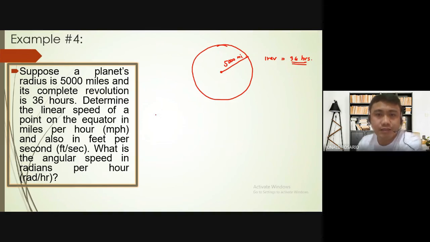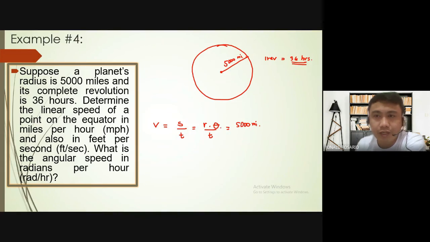And in physics, ang formula natin for the linear speed is V equals S over time. And our S, again, is given by R times theta. So we can have this as our new formula: R times theta over T, or the time.